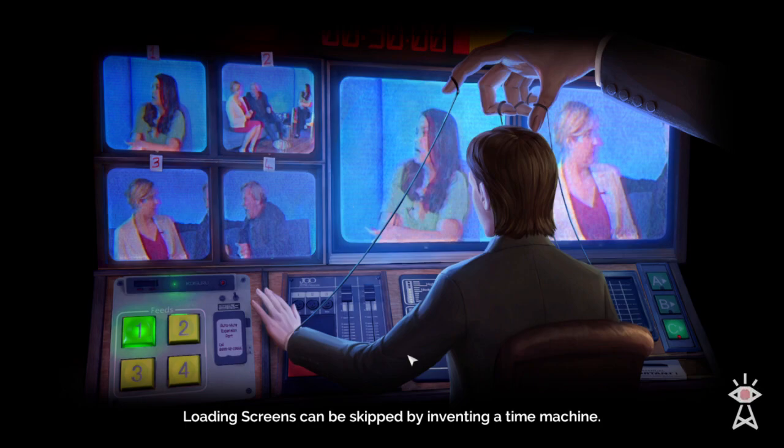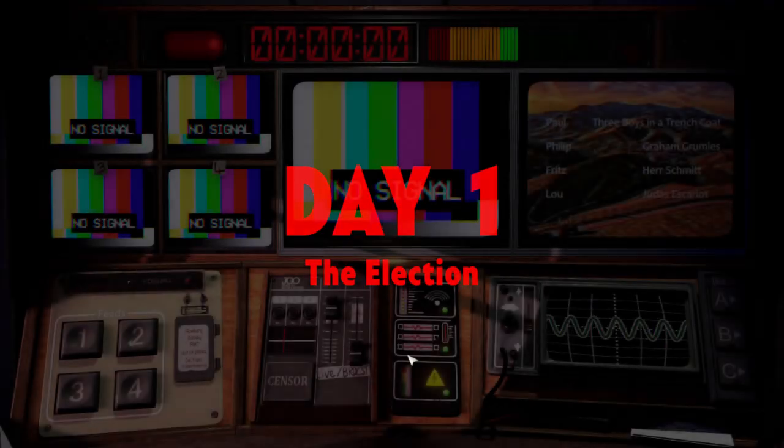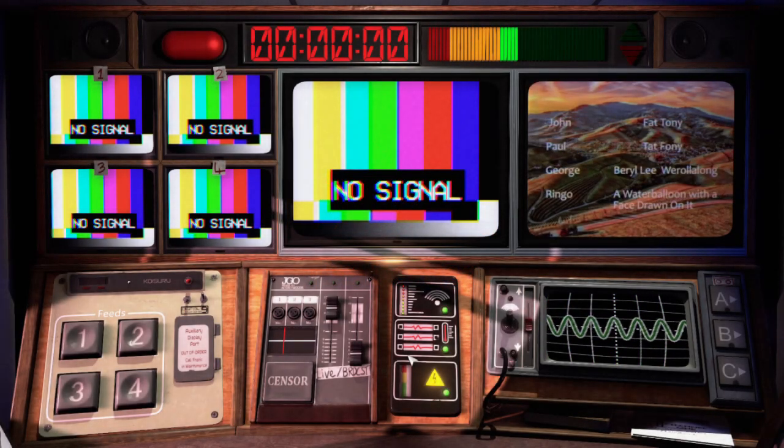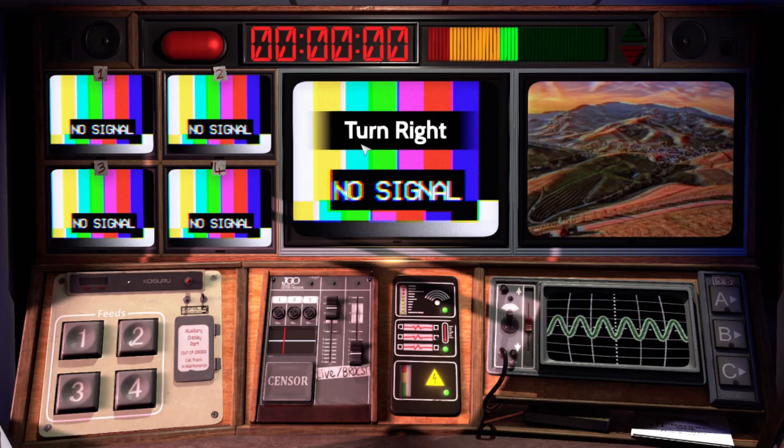Loading screens can be skipped by inventing a time machine. Compiling can also be skipped, but anyway. What am I doing?